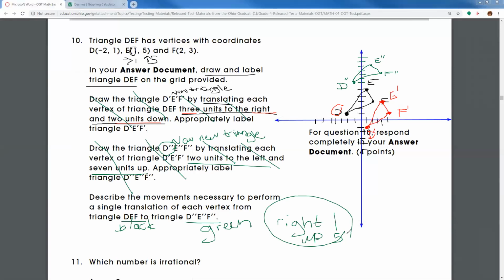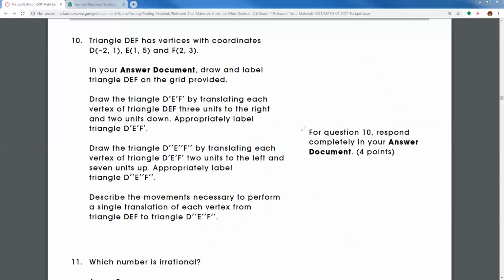I was thinking the same thing, like this will get skipped. Yep. Still try and at least do something. The more you try, the more points possible. I wouldn't leave it completely blank, but I definitely would save it for the end because it is a tough question. There's a lot going on in this. And it's going to take a little more time than the other ones will.